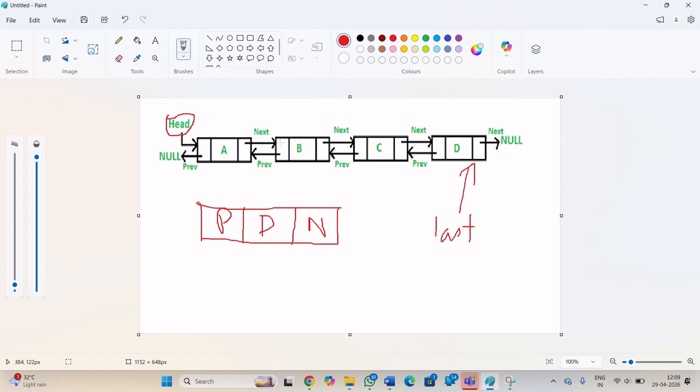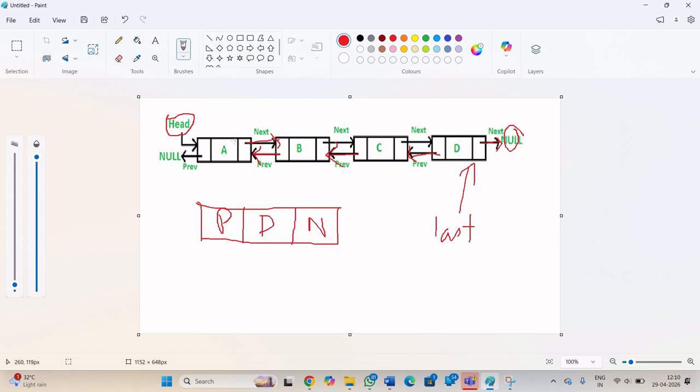So as here, the next of the last node is null, as well as the previous of the last node is the second last node. The previous of the second last node is the third last node, and the previous of the third last node is the fourth last node, this type of thing.